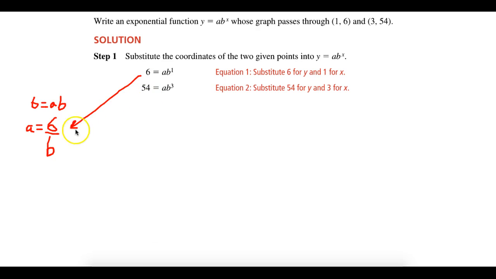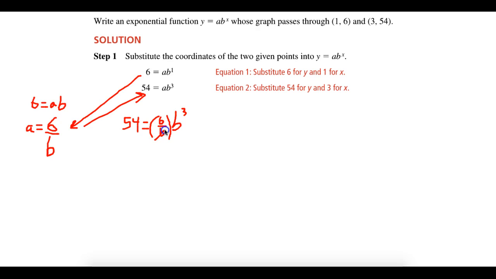Now what we can do is take this and substitute it into our second equation. So now we get 54 equals, we know that a is just 6 over b, so we get 6 over b, times b to the third power. Again, we're just replacing a with 6 over b. Now, we've got one equation with one variable that we can solve.